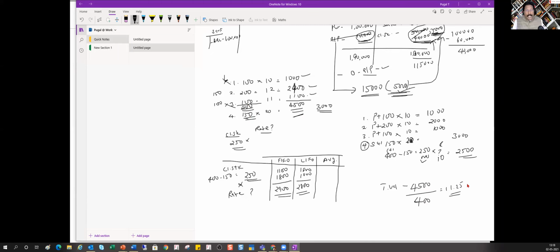This is the average rate of all your inward supply at the various rates. So what is the stock that is lying with you? You have 250 numbers. So 250 into 11.25 is your average cost value.